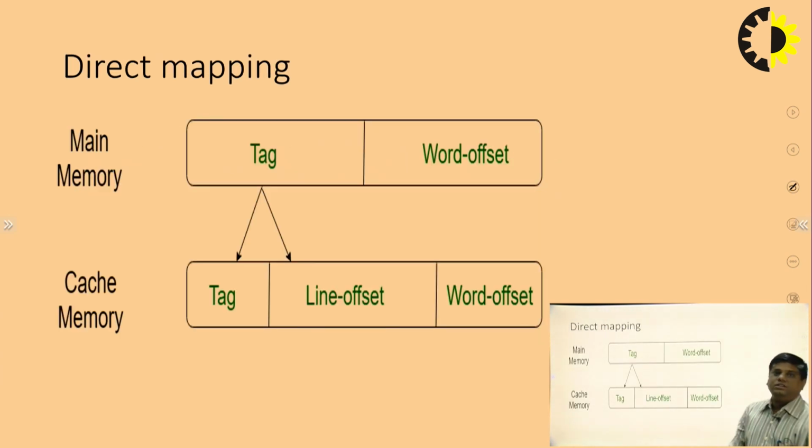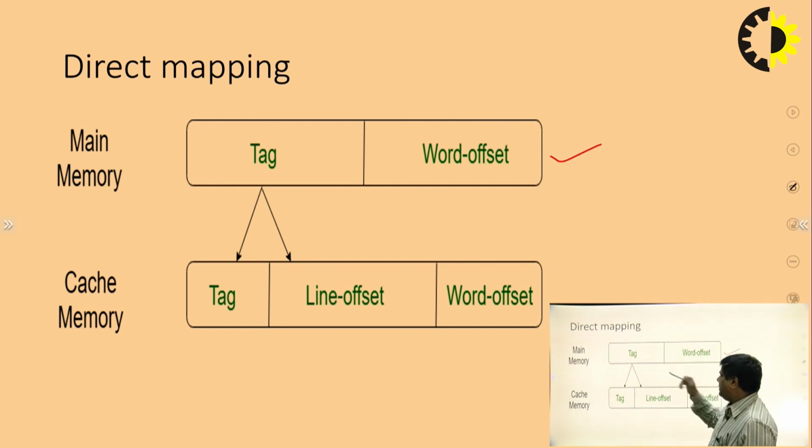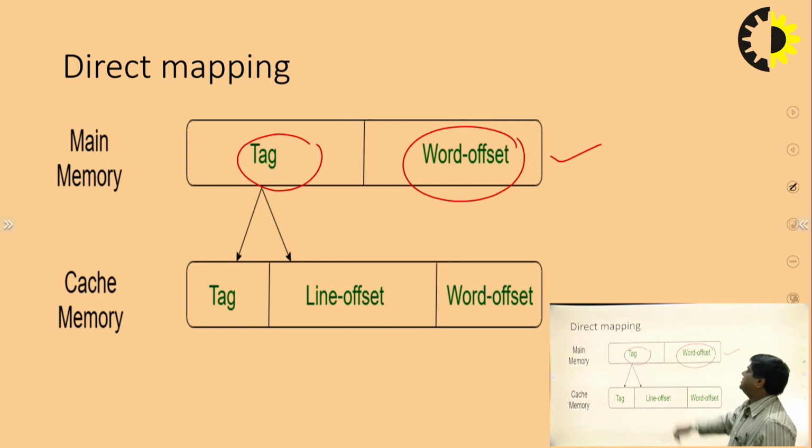Now this is the diagram to understand the cache memory. This is the main memory. This is the tag, and this is the word offset.